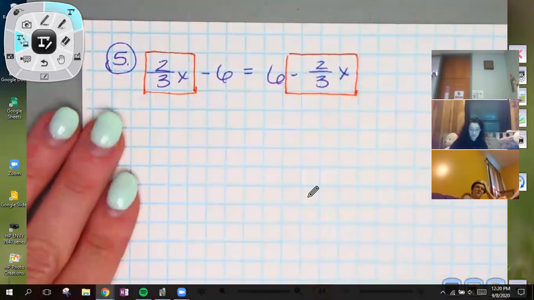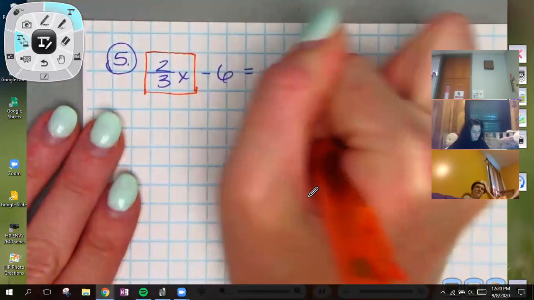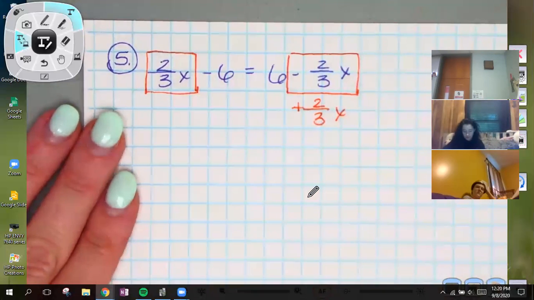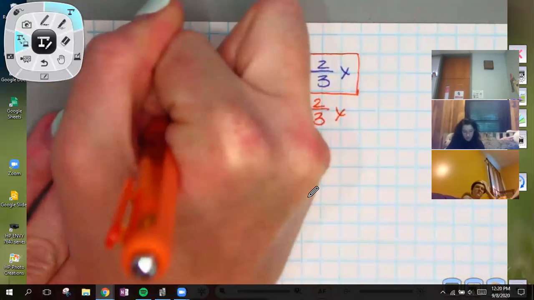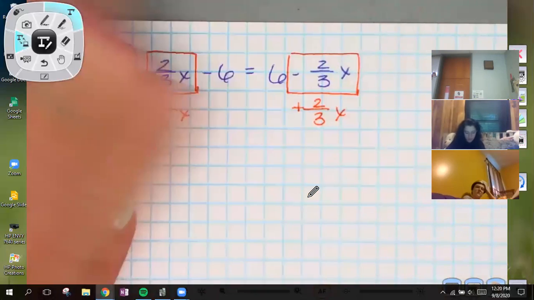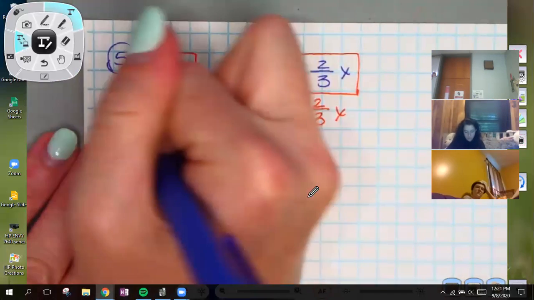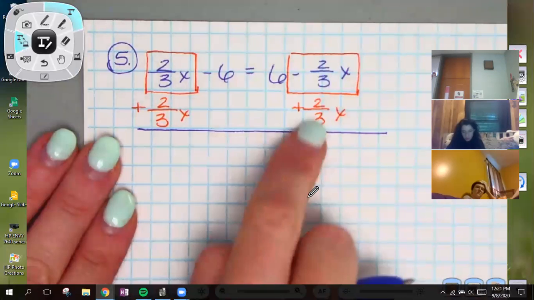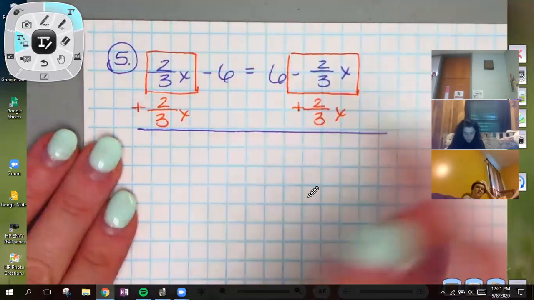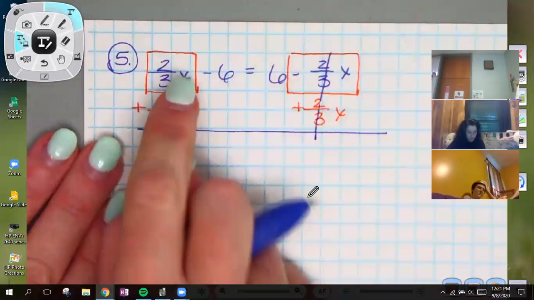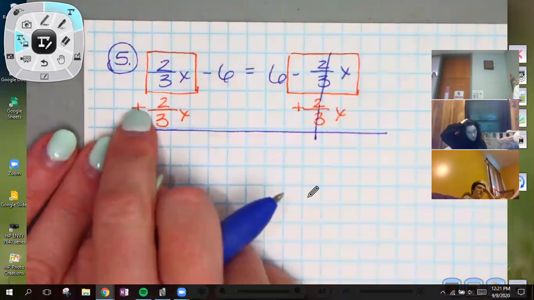I'm going to add 2/3 x. If I do it to one side, I've got to do it to the other side. What happens to my positive and negative 2/3 over here? They cancel out. So I have a positive 2/3 plus 2/3.